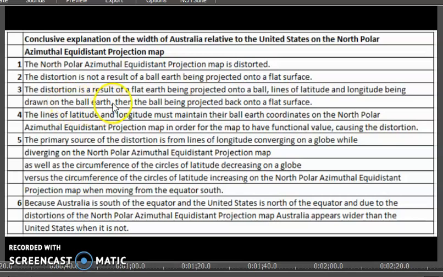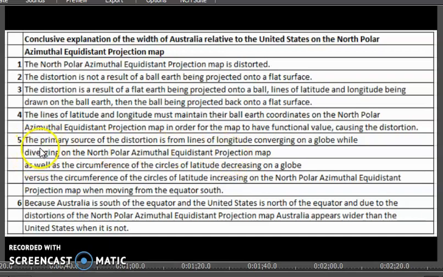The distortion is a result of the flat Earth being projected onto a ball, lines of latitude and longitude being drawn on the ball, then the ball being projected back onto a flat surface. The lines of latitude and longitude must maintain their ball Earth coordinates on the North Polar Azimuthal Equidistant Projection Map in order for the map to have functional value, causing the distortion.